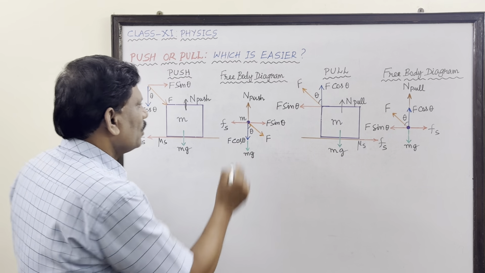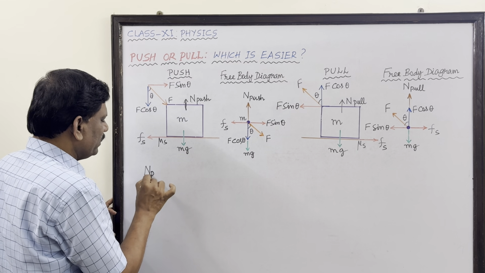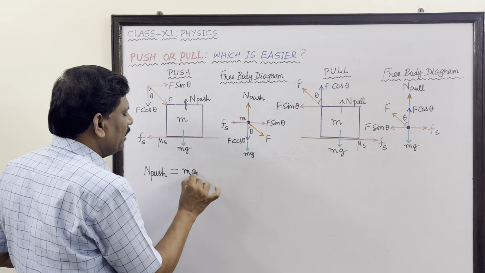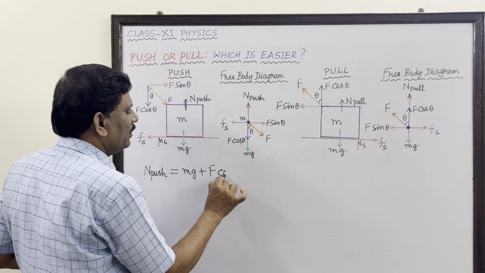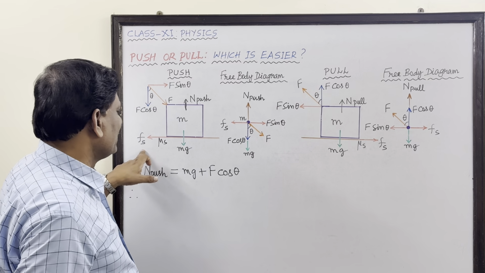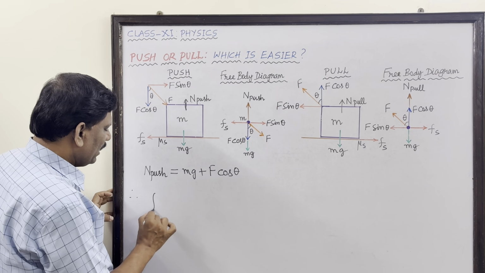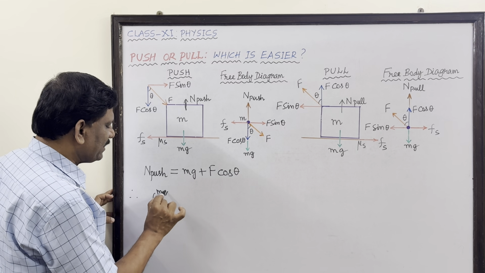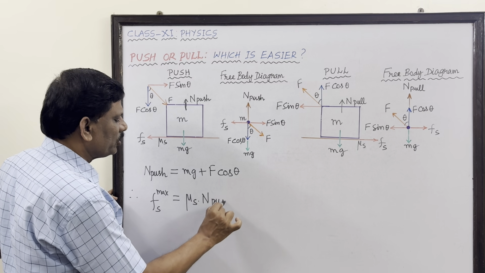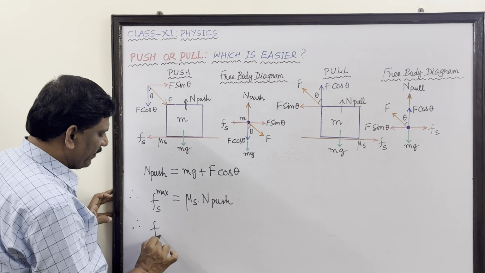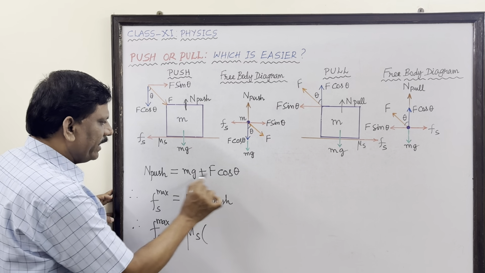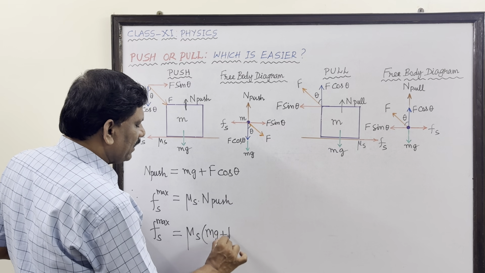Therefore, the maximum value of the static friction, Fs maximum, is equal to mu s times the normal reaction N push, which is mu s into (mg plus F cos theta).